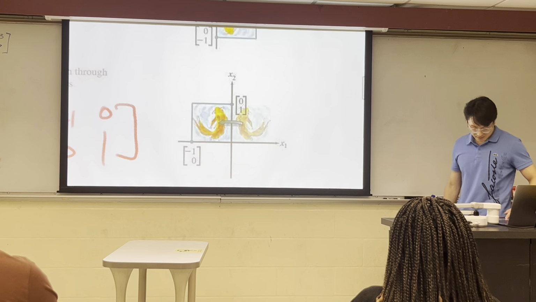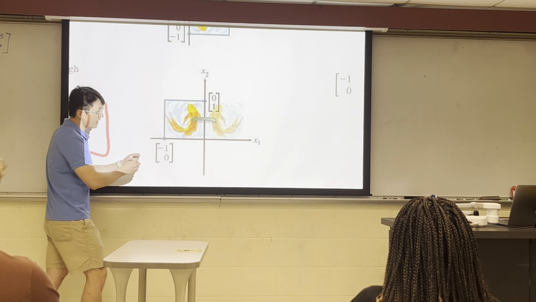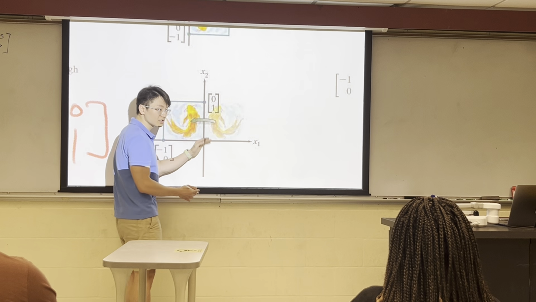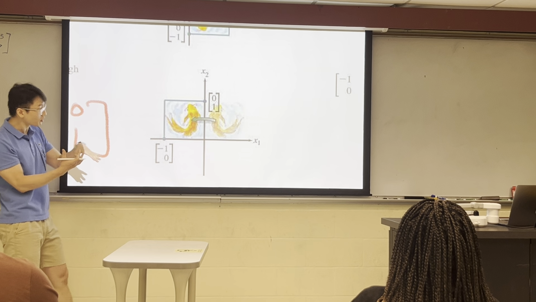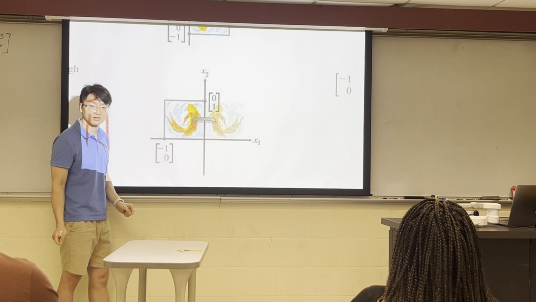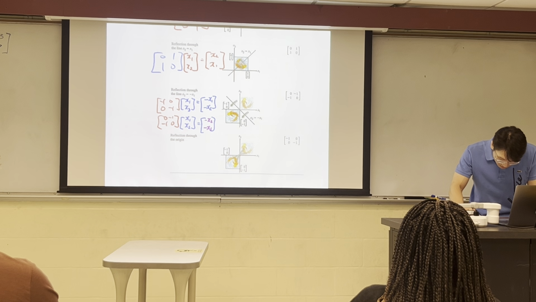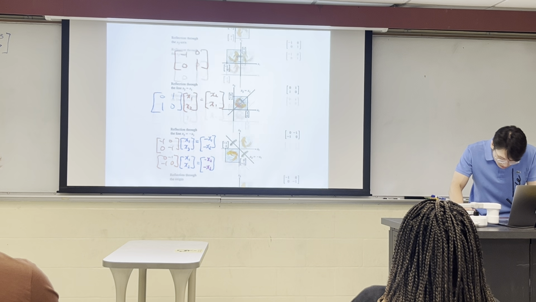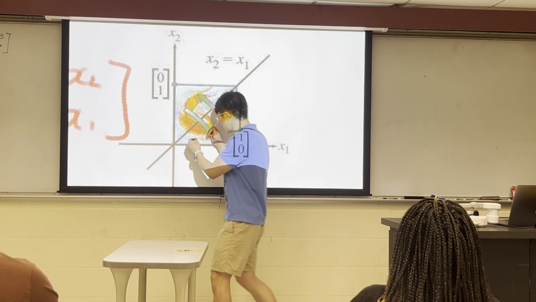So, for example here, if I draw any vector, any arrow, and I'm rotating it, and the transformation matrix itself is a rotation matrix, then you will never have an eigenvector. However, let's say this.